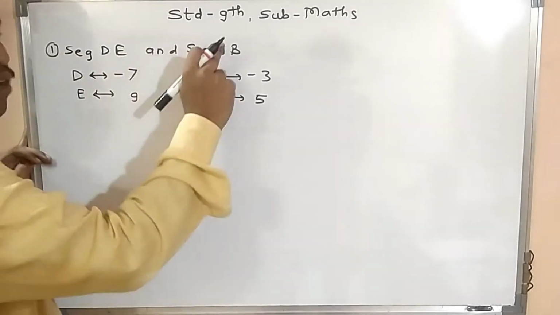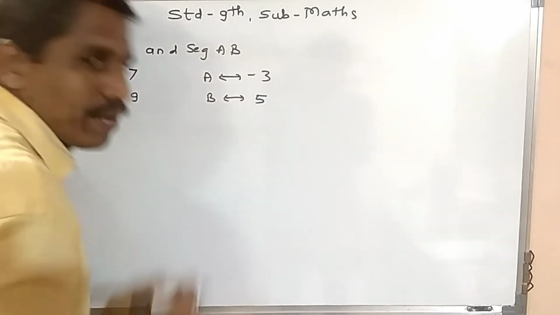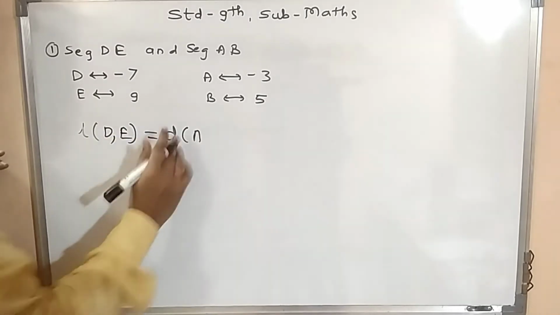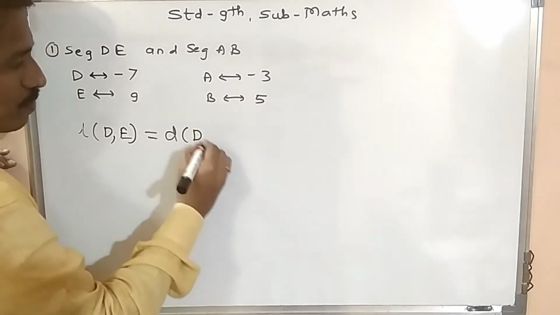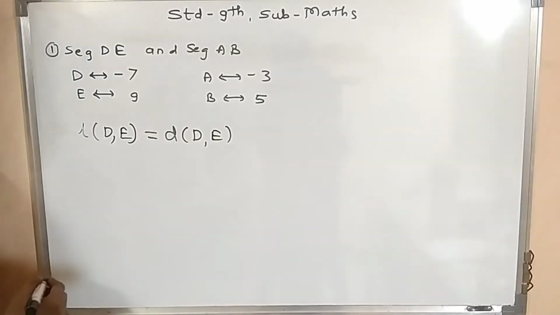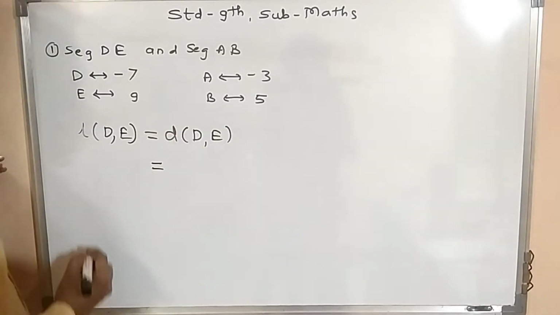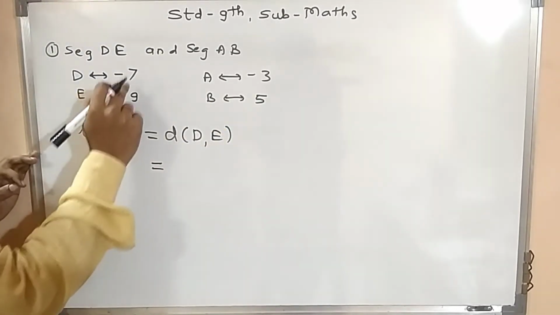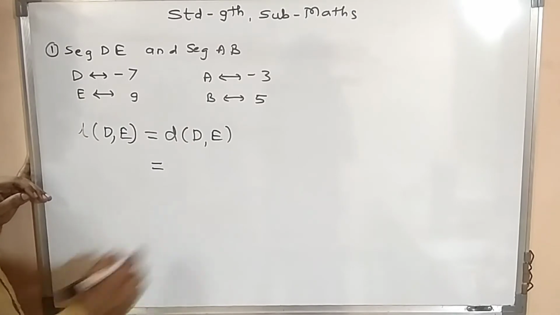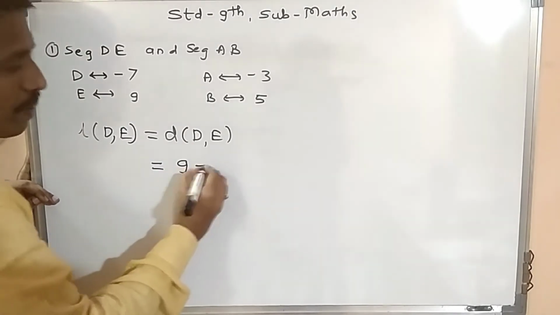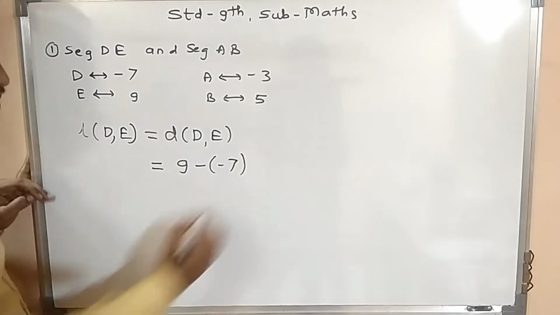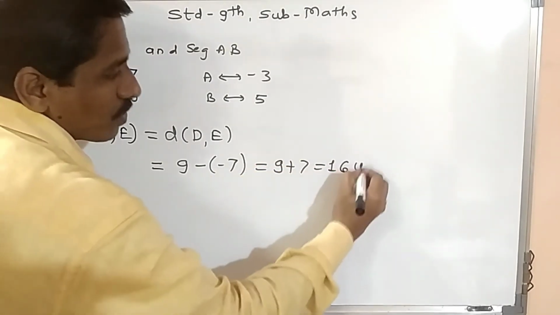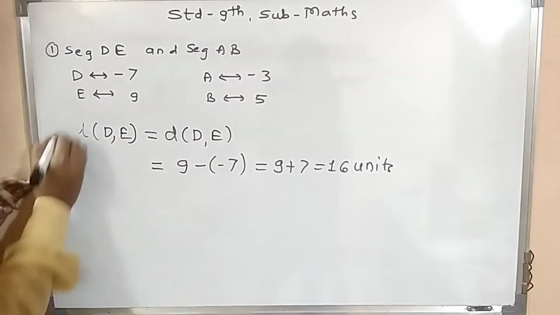So first I will find the length of segment DE, that is equal to the distance DE. What is the formula? Greater coordinate minus smaller coordinate. See, -7 and 9. Which one is greater? The greater coordinate is 9, minus the smaller coordinate, -7. That is equal to 9 plus 7, that is 16 units.